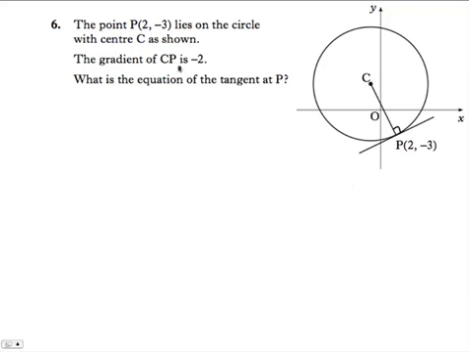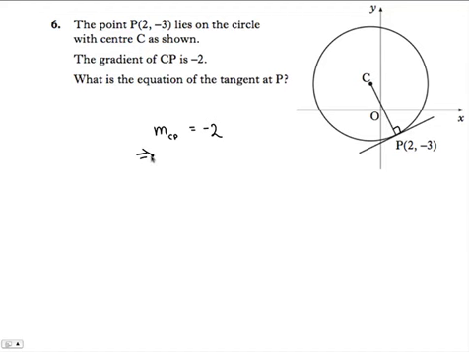Now we are told that the gradient of CP, let's write this down, the gradient, that's usually an m, of the line CP is equal to minus 2. So we need to know the gradient of this tangent line, which is perpendicular to this radius.